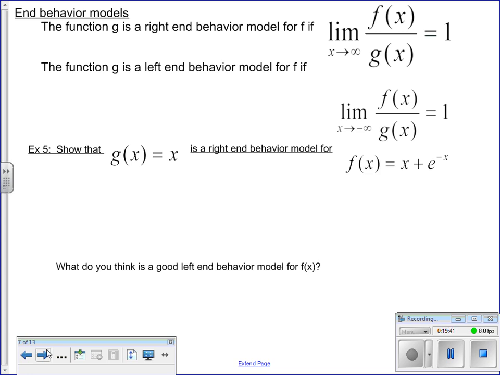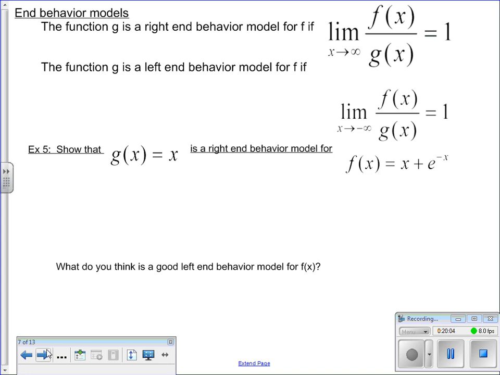When we put in very, very small values, what does that function look like? We've already done some of that. Remember we had the square root of x squared plus 1? When you get really big, the 1 becomes irrelevant. That's kind of what you're doing with an end behavior model. Okay.